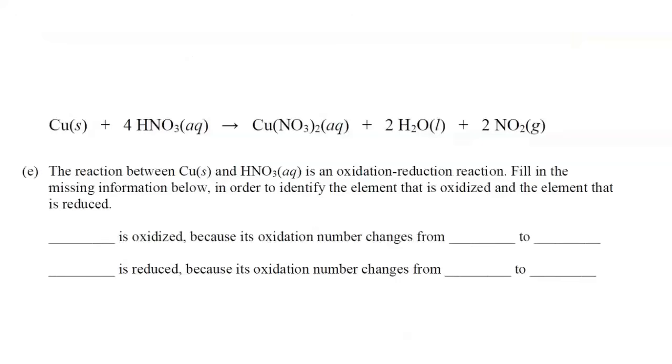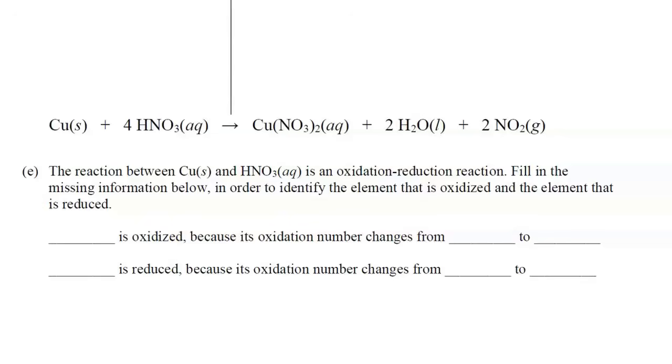It says the reaction between copper and nitric acid is an oxidation-reduction reaction. Fill in the missing information below in order to identify the element that is oxidized and the element that is reduced. So let's assign oxidation numbers to each element on each side of this chemical equation.